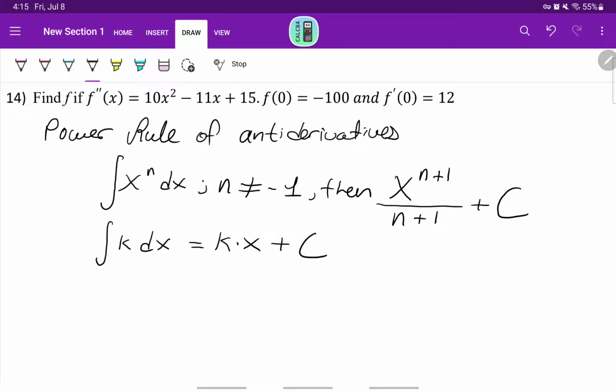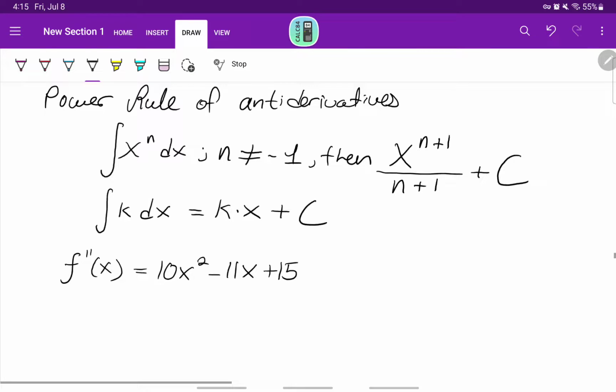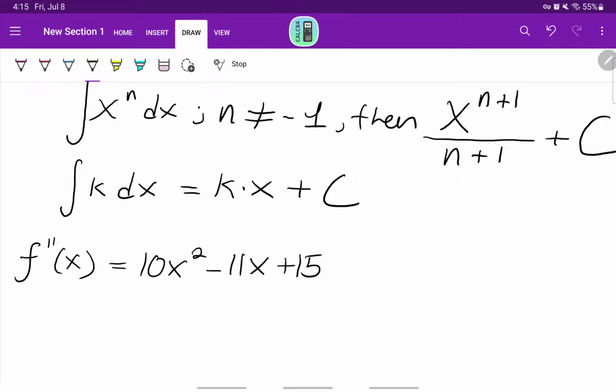So now let's find our first derivative by taking the antiderivative of the second derivative. So f double prime of x is once again 10x squared minus 11x plus 15. Let's go ahead and do that. So to find f prime of x, we're going to do the following.